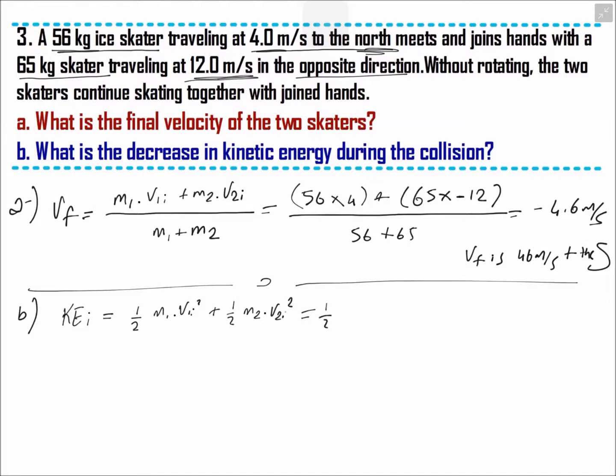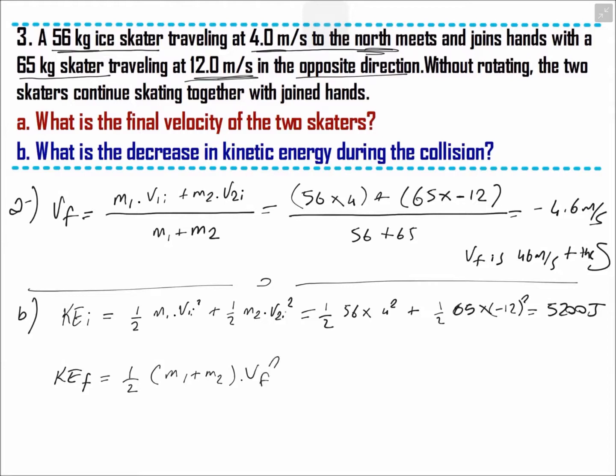Half m1 is 56 times v1 is 4 squared, plus again half m2 is 65 times v2 is negative 12 squared, and so the result will be 5200 joules.